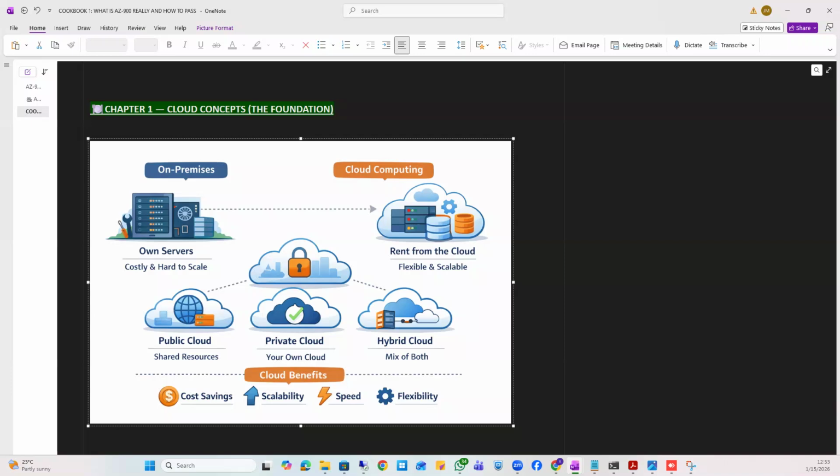The first chapter is going to talk about cloud concepts. What are cloud concepts? I'm going to break these things down in story ways. One of the things is that companies host applications, systems, and websites.